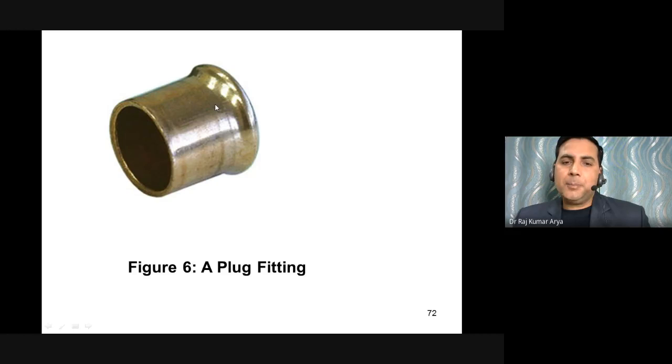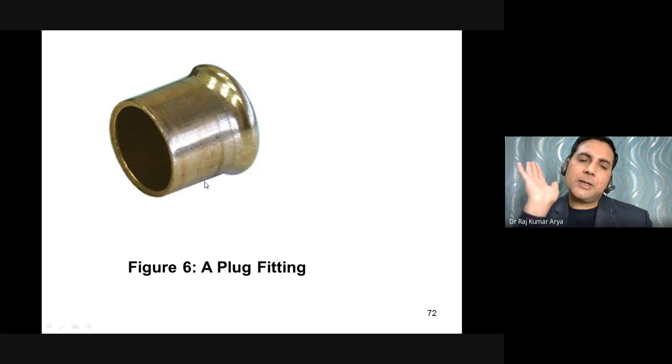Then this is a plug type of fitting. The plug is just a dead end. You might have seen in your household, there are connections where a metal nut has been put, right? Just to have future connections. Have you seen those types of fittings?